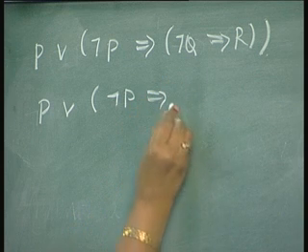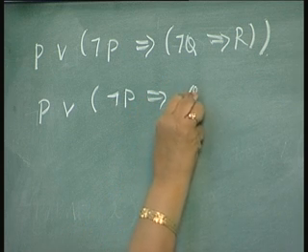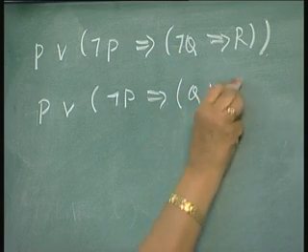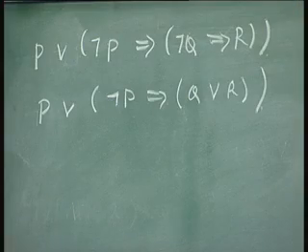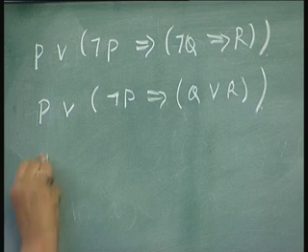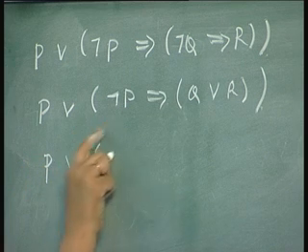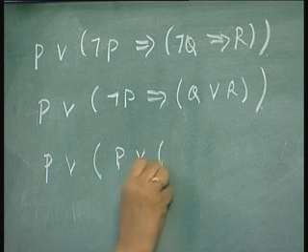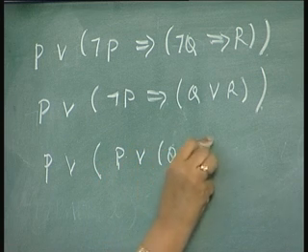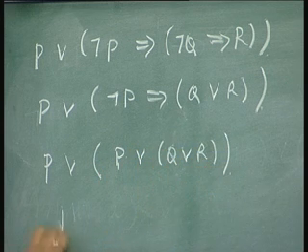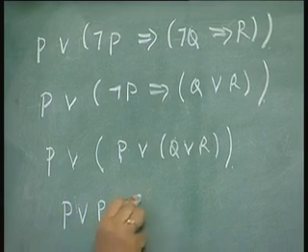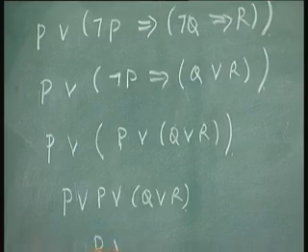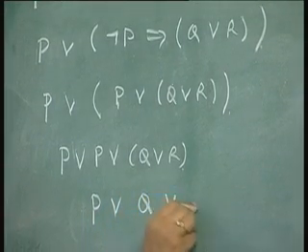By changing into the form, you can write it as not of not Q or R. So, this you can write as P or, again, not of not P or Q or R, which becomes P or P or Q or R, which is nothing but P or Q or R.